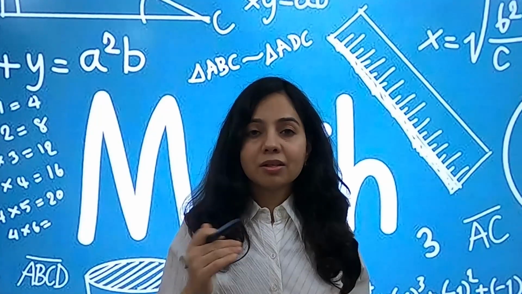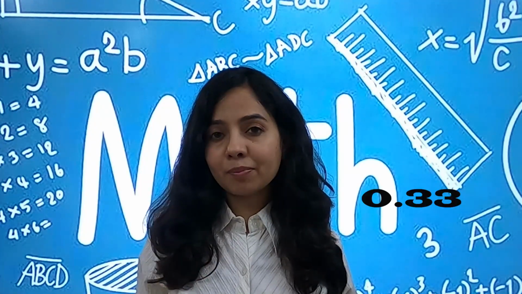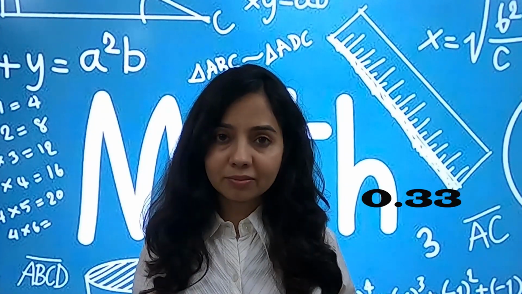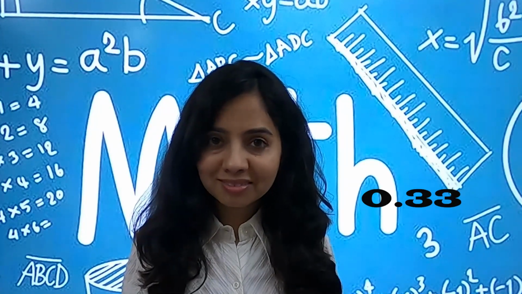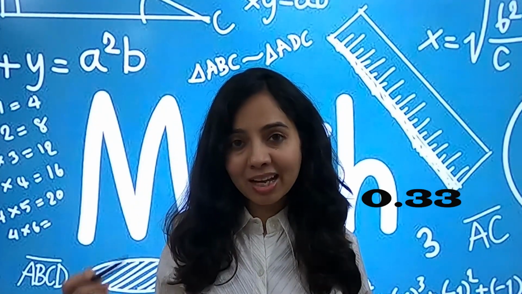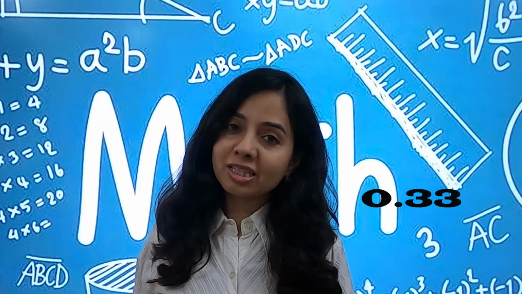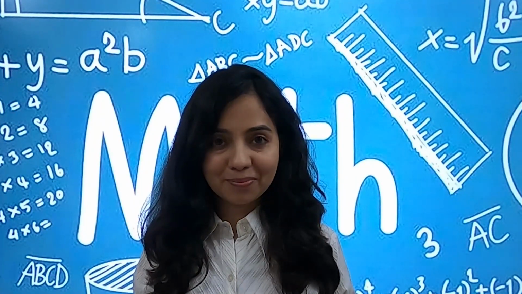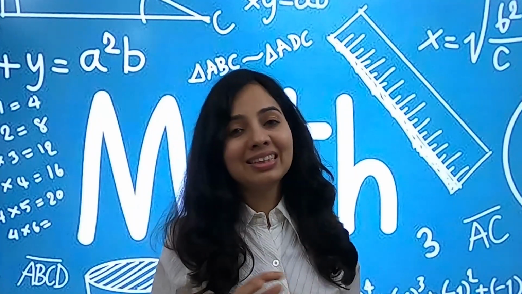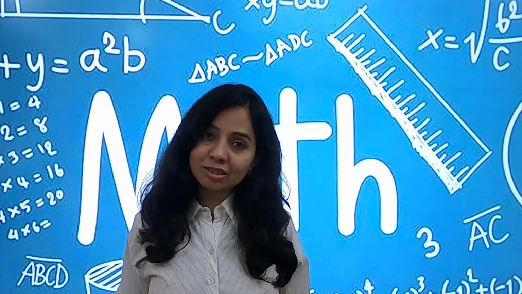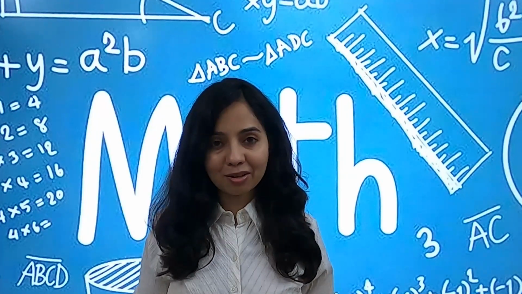So if I say 1 divided by 3 is 0.33, that's also cool. Yes? So what I've done is I've rounded off the 0.33333 to 0.33. So these are the various reasons why we go for rounding off.